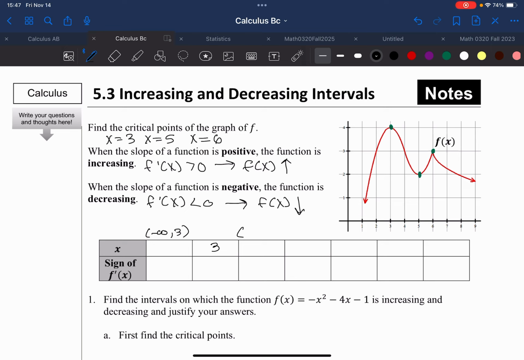And then my next interval will be 3 to 5, critical point 5. My next interval would be from 5 to 6, critical point 6, and then 6 to infinity.